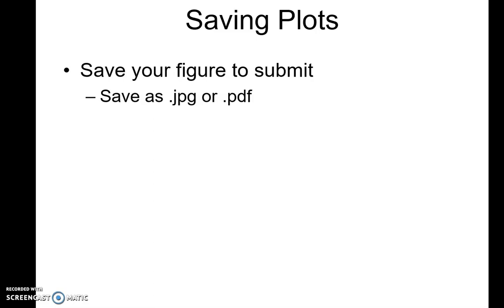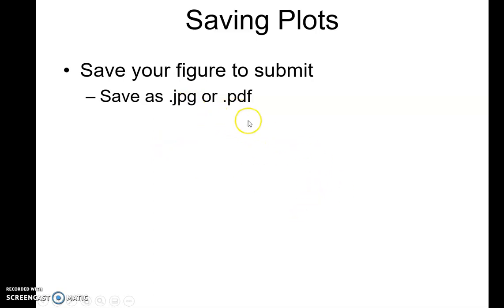We don't want to do that. So when you do a save as, make sure that you pick either a JPEG or a PDF. If you're going to turn it in, please do it as a PDF. If you're going to put it in a report, like when we start doing our programming projects which involve a report, then you can save it as a JPEG, and then you can include it. You can include PDFs, but it works better with JPEGs. You can include it in a Word document with insert picture.